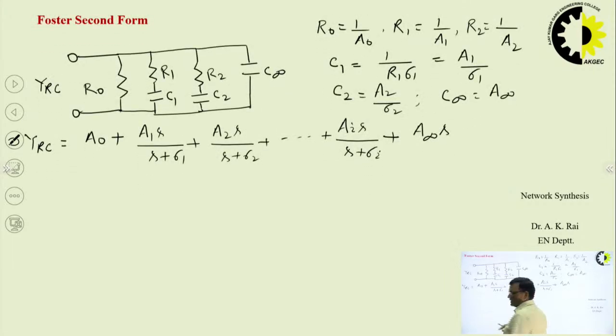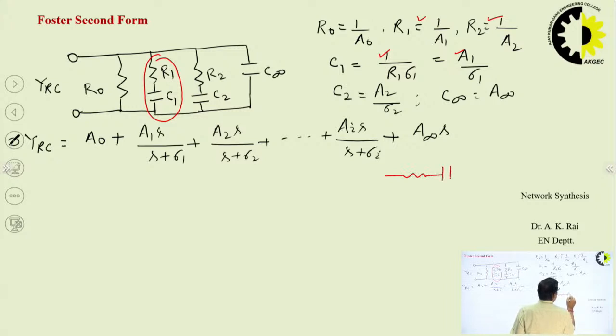Similarly, if the given function is admittance, we go for the Foster second, and the same way we can find the value of this one and this one. Very simple. What we have to do is just write this, okay.